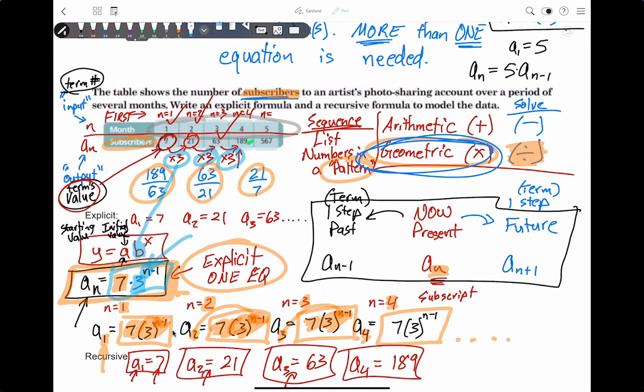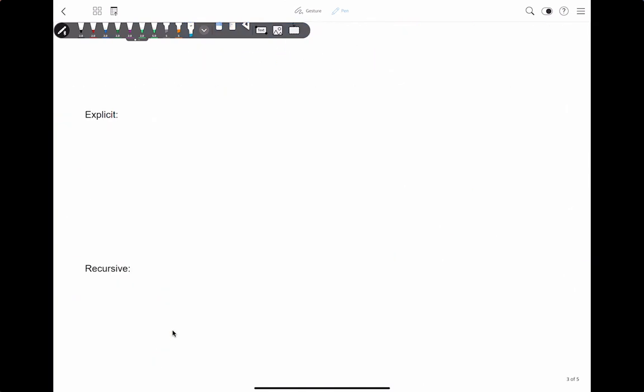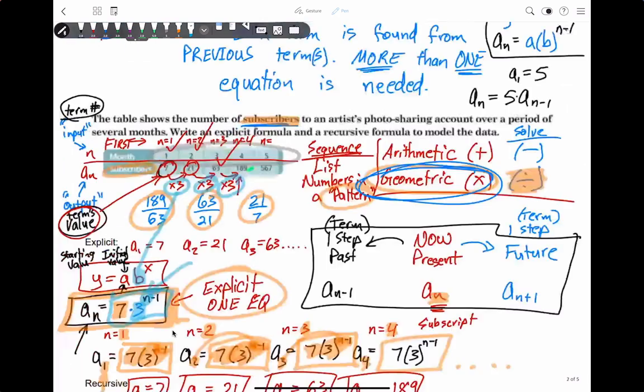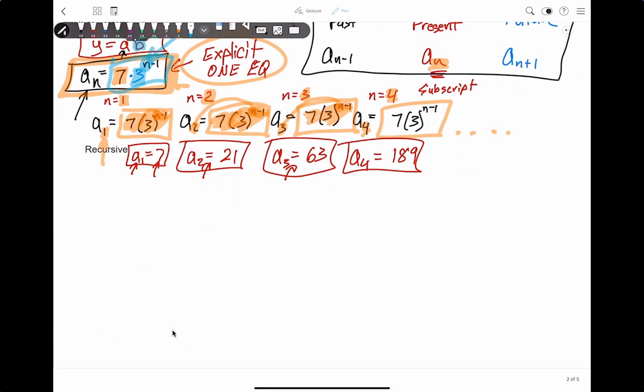Okay? All right, so now let's go ahead and look at our next piece. Oops, let me slide down. Our recursive formula is a little bit trickier. It's not as easy to interpret, per se, as the explicit formula. But what we're going to do is write the equation for the starting number.